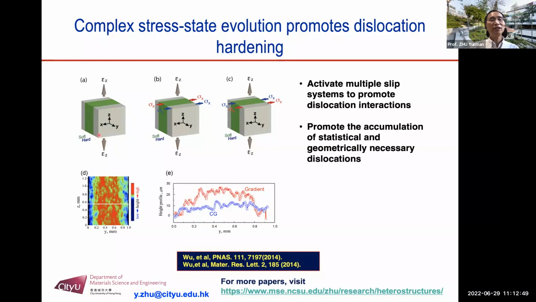You can imagine doing a virtual tensile test under tensile stress at a linear stage. Both of them deform together like this. This is under uniaxial applied stress, uniaxial load.